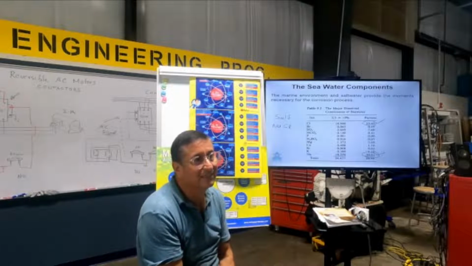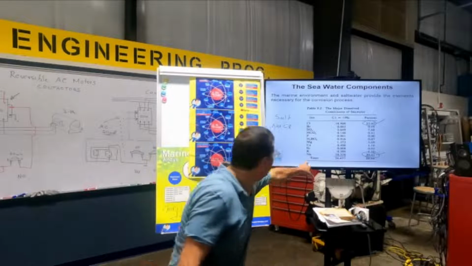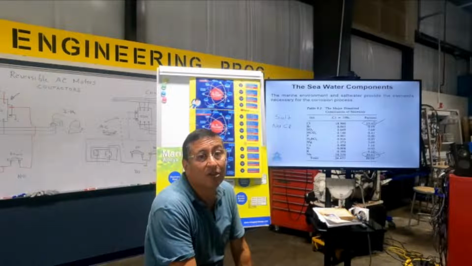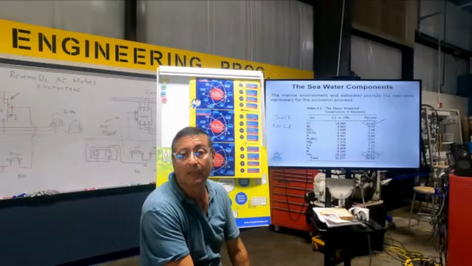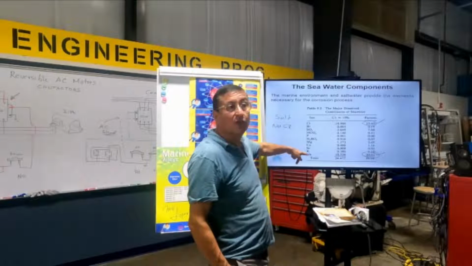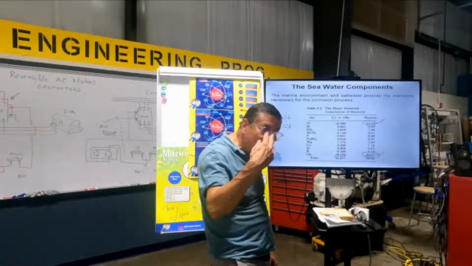Wow, that's not good. And the other 30% is sodium. Sodium is another metal, an alkali metal. Look at the amount of metal: magnesium, calcium, strontium, potassium, sodium. All of those are metals. Wow.